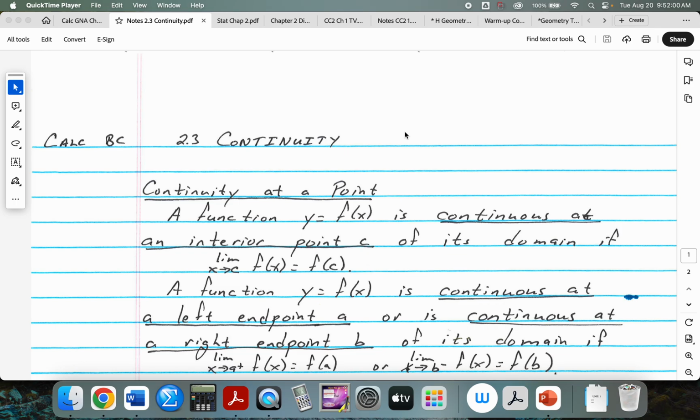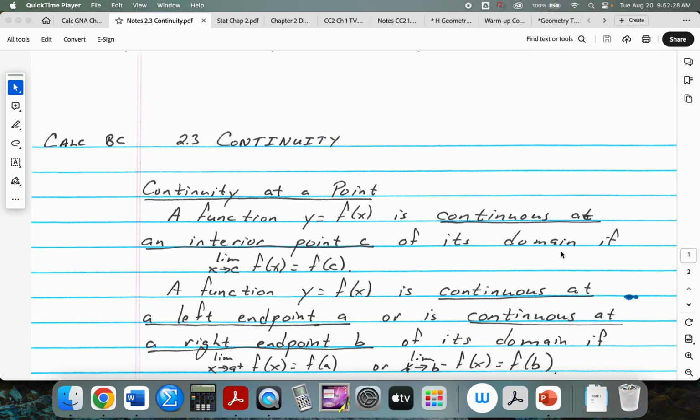So that means the function has to be defined at c, the limit has to exist, and they have to be the same. Some books present that as three different things, but if this is true, then both of these have to exist. Does not exist doesn't equal does not exist, because does not exist is not a number, right? Only numbers are equal to each other.